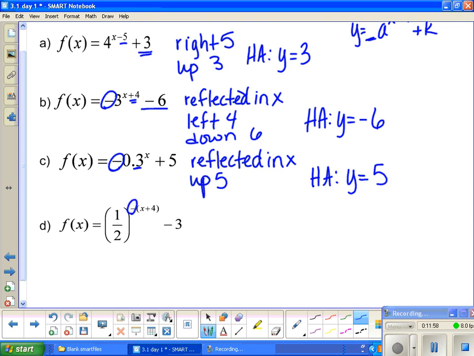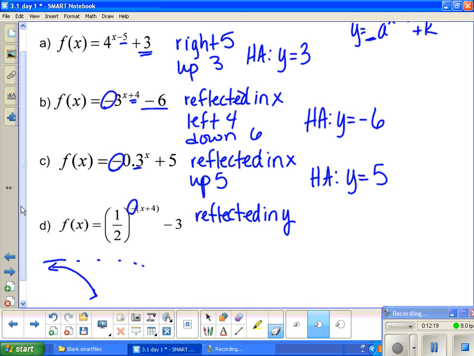This negative here tells me it's reflected in the y, so it's going to flip over your asymptote. So it'll be down here instead of, wait, not like that. Okay.